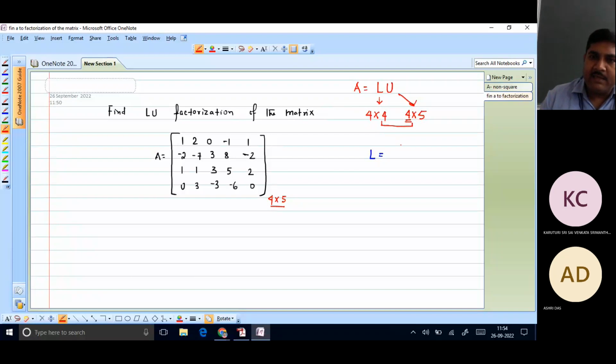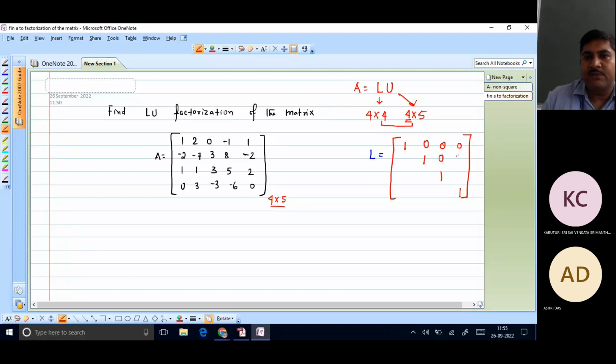The diagonal entries I will take as 1, and the entries above the diagonal I will take as 0. So it is 1, this is 0, this is 0, this is 0.